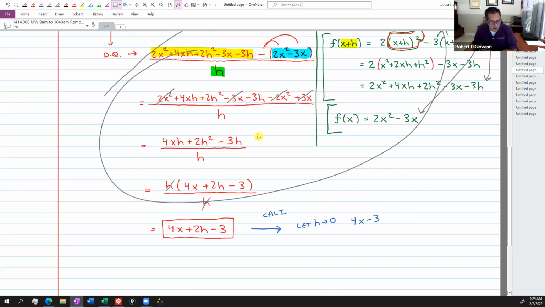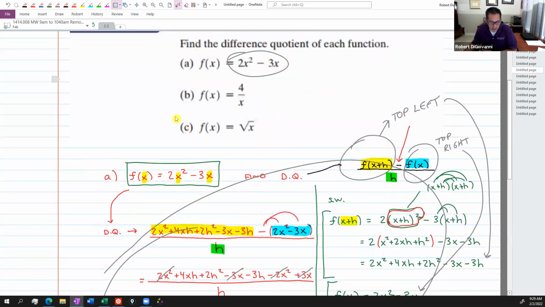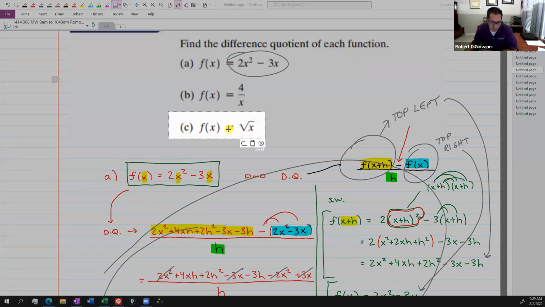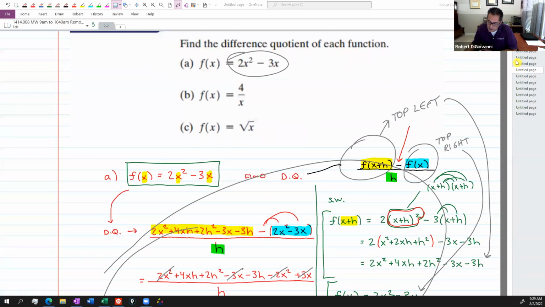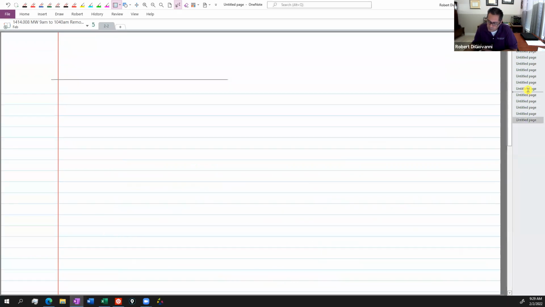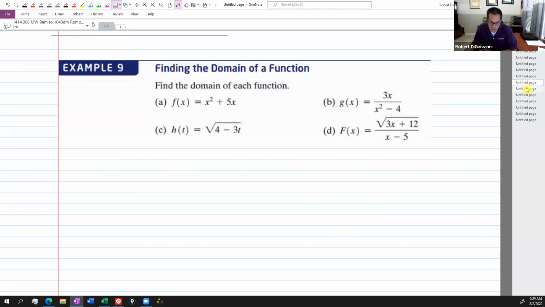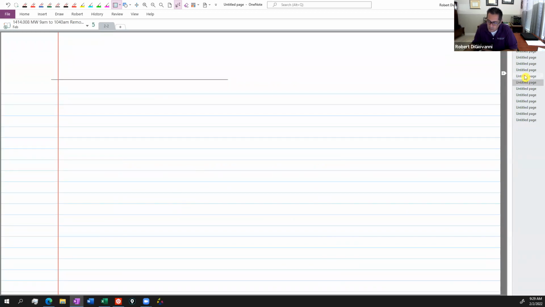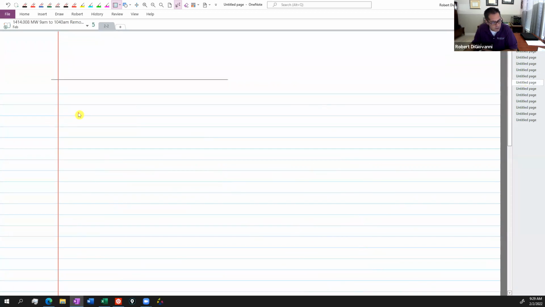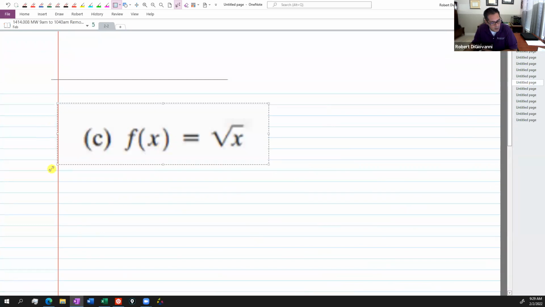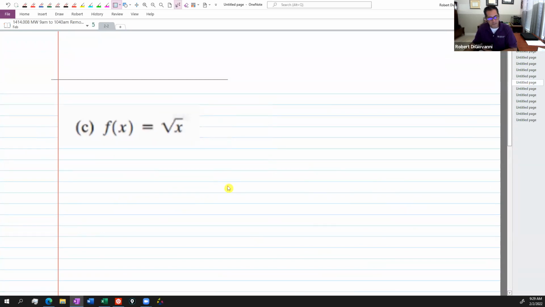Let's see what our third one is. Yeah, it's a classic problem here. Okay, so this one here. All right, here's what I'm going to do. First thing, I want the difference quotient here.